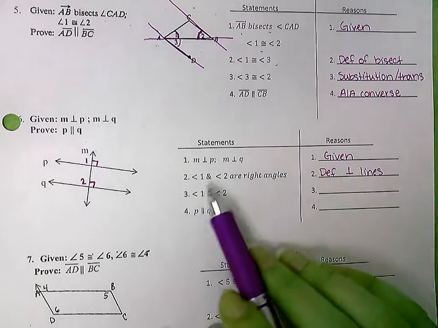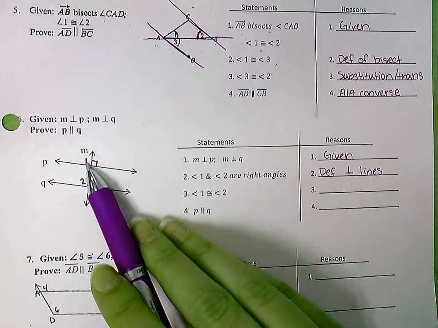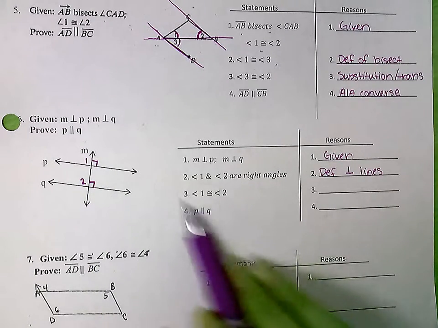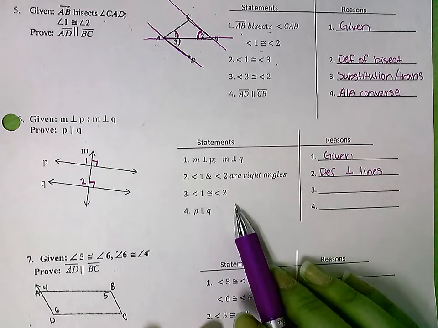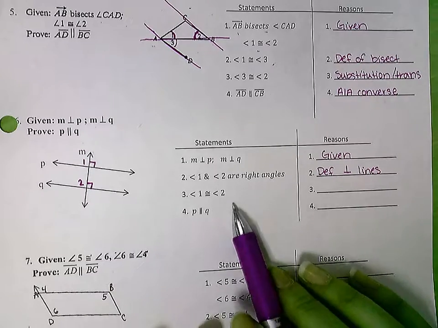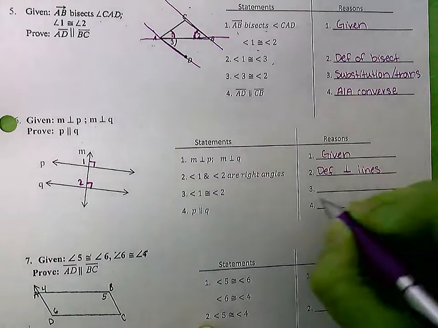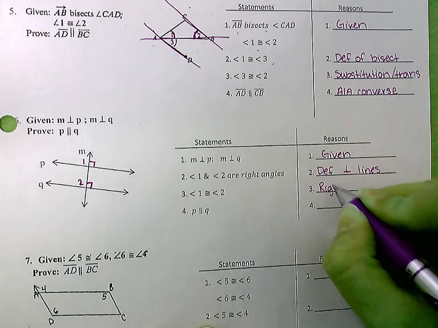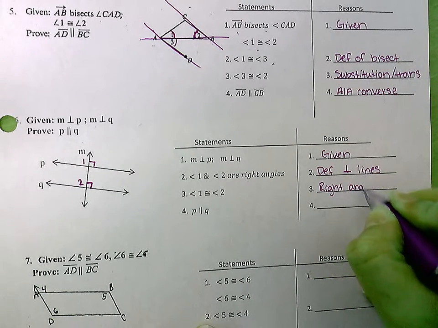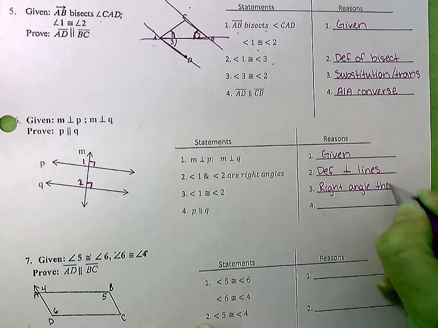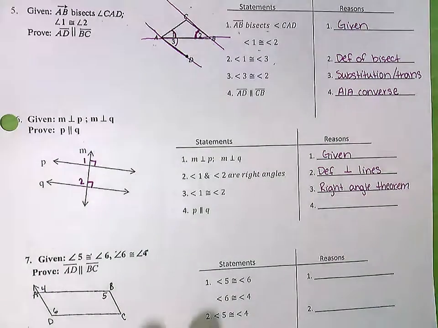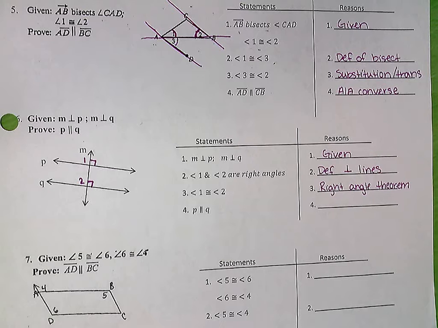From here, angle 1 and 2, since they're right angles, they have to be congruent to each other. If all right angles are congruent to each other, what is that reason? That's the right angle theorem. Remember when we were first going over this, the one you're going to use the most was the right angle theorem: all right angles are congruent to each other.